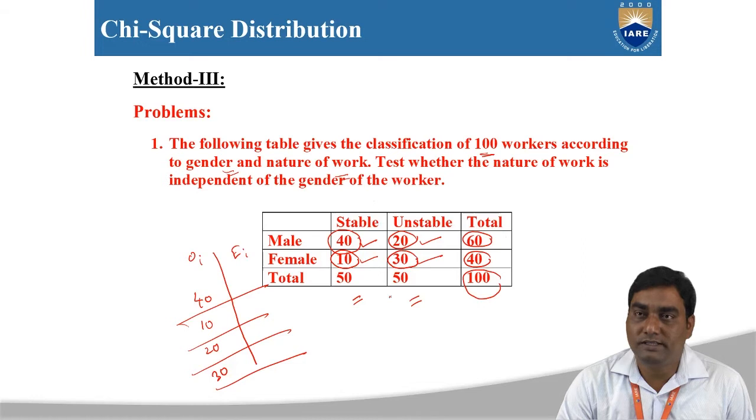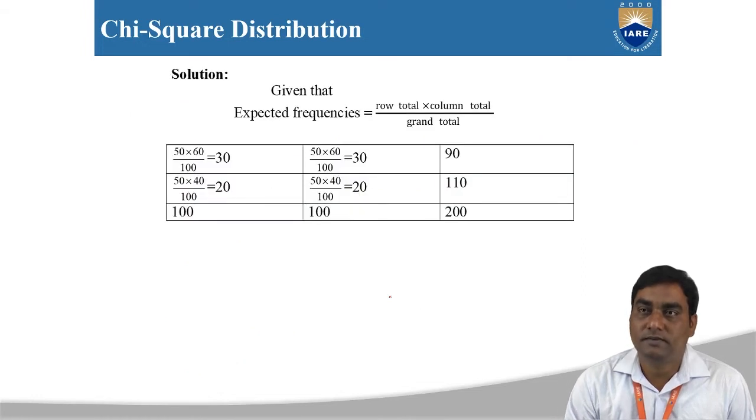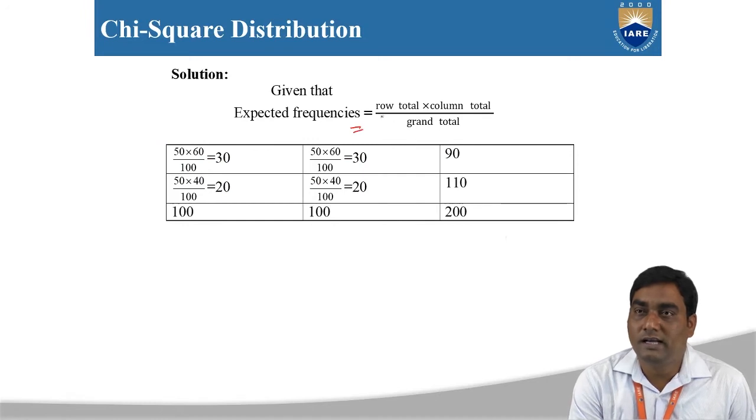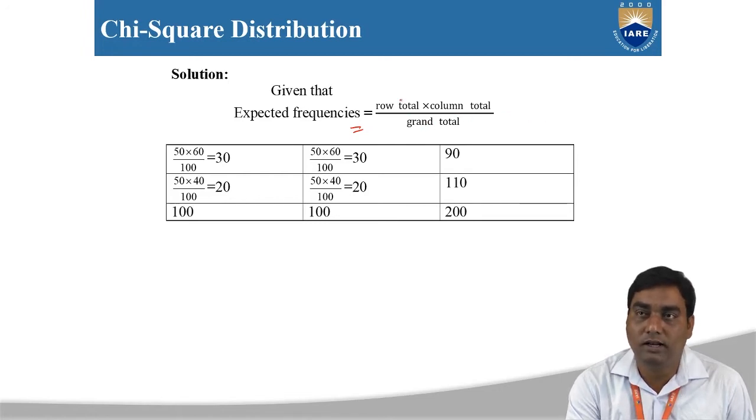See, the expected frequency formula is row total into column total by grand total. That means corresponding row total into corresponding column total by grand total.